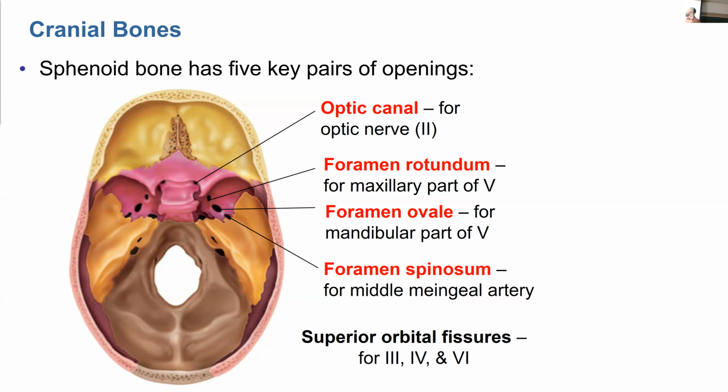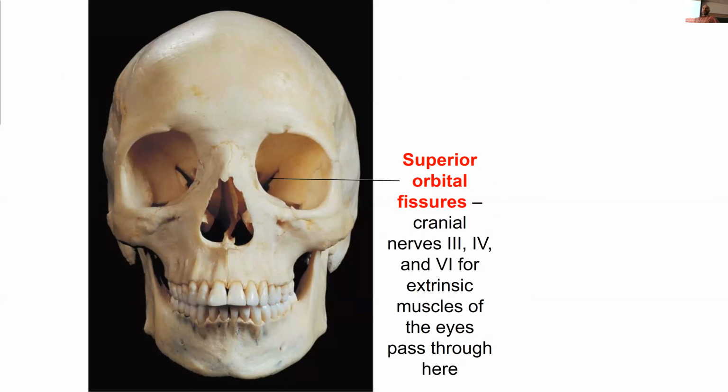You can see that the meningeal artery goes through the foramen spinosum. There's a spelling mistake there. So just know that those are there. We'll talk about them in more detail in lab. I do want you to know, I mentioned the superior orbital fissure is right here. So this is obviously a skull from the anterior view, probably recognize that pretty readily.